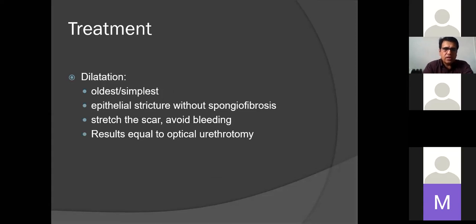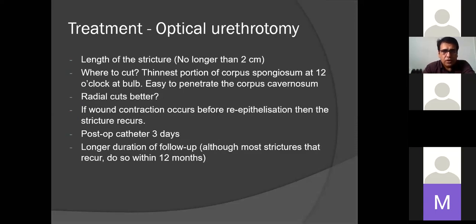The simple one is dilatation, which is for epithelial strictures. But if there's spongiofibrosis, you cannot go for dilatation. And actually, dilatation is nowadays not recommended since optical urethrotomy is available. In optical urethrotomy, you need a stricture of no longer than 2 centimeters, and you should know where to cut.